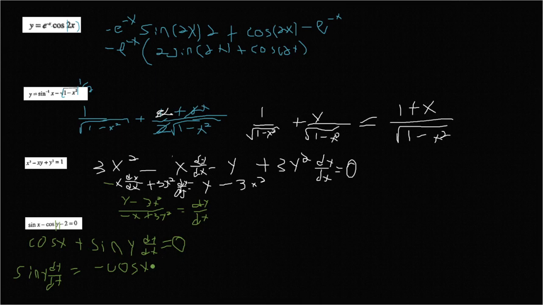And then divide both sides by sine y. I will write this in yellow. Y prime, or dy/dx, I'm tired of writing dy/dx, is going to be equal to negative cosine x over sine y.